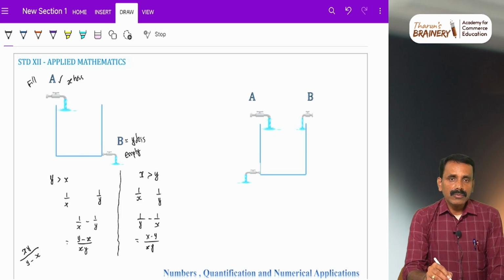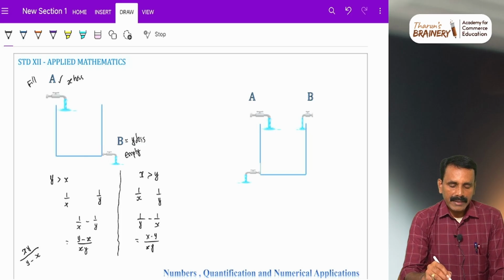So, the time taken to empty the tank will be XY divided by X minus Y.